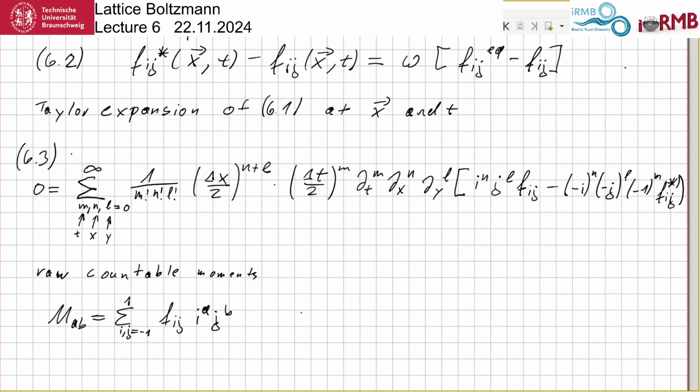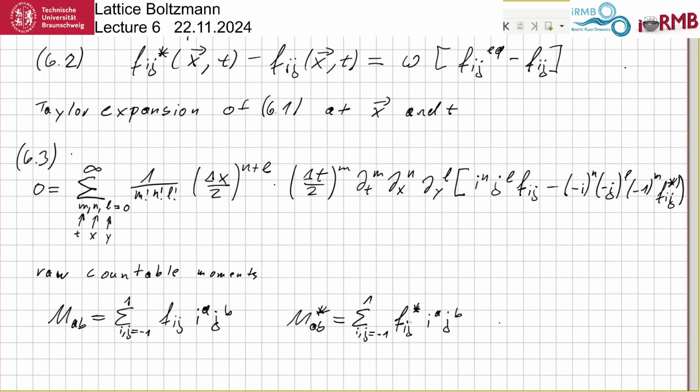Obviously, the same can be said for the post-collision, just putting an asterisk here: the sum over i, j equal -1, 1 of f_ij post-collision, i to the power of a, j to the power of b.